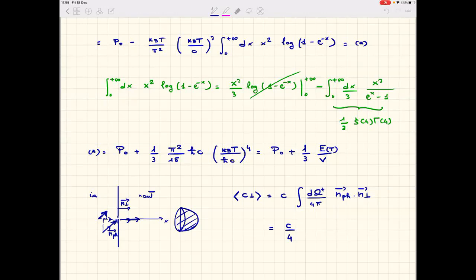The P0 plus 1/3 E as a function of T. This expression was just to show you that I have a certain pressure that is being exerted on the walls. Below here, I'm computing what is the flux that I will see getting out. That also has temperature dependence.